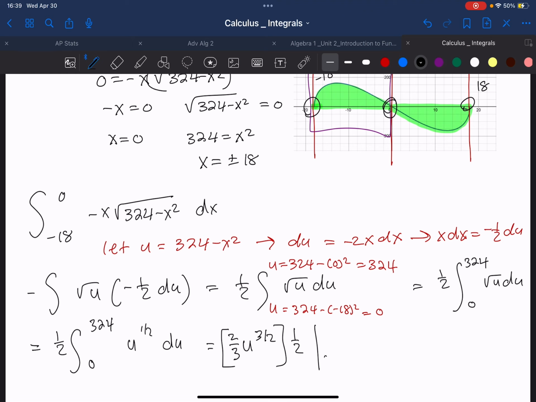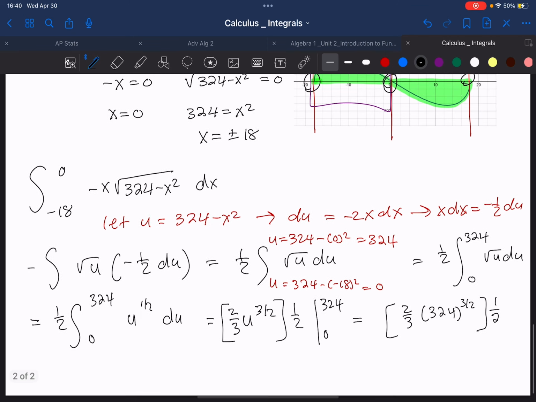Well, if I solve this at 0 and 324, this would mean I would have, let's see, I would have 2/3 times 324 to the 3/2 power times 1/2. I don't have to worry about the 0 because everything's going to end up turning into 0. And I'm going to get the value 1944.